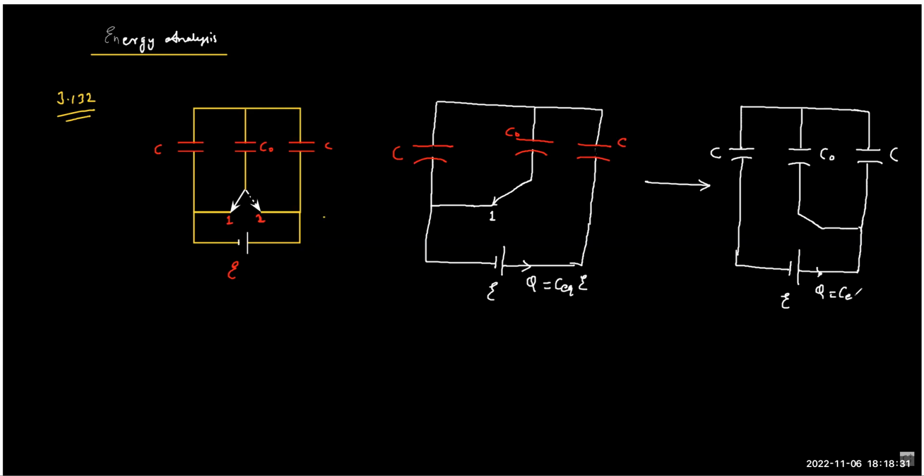The charge here will also be C equivalent into E. Both will give you the same answer, fortunately. But still we need to distribute the charge first to see how charge is present on every plate.